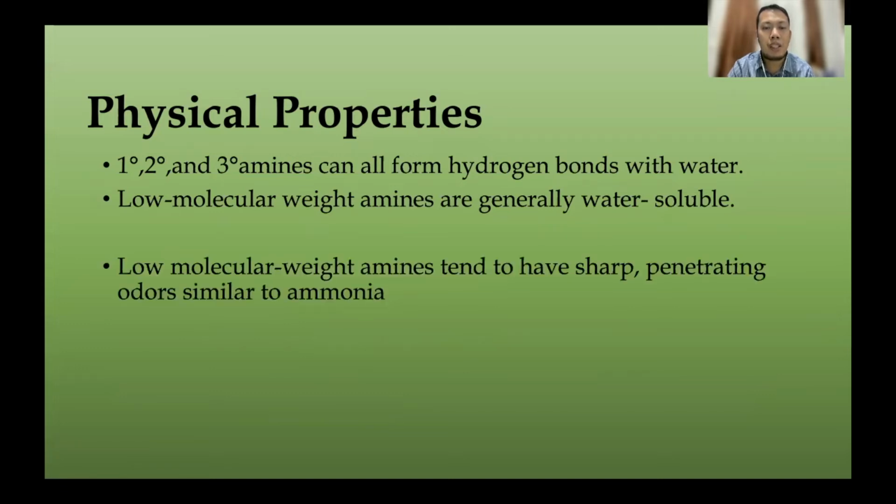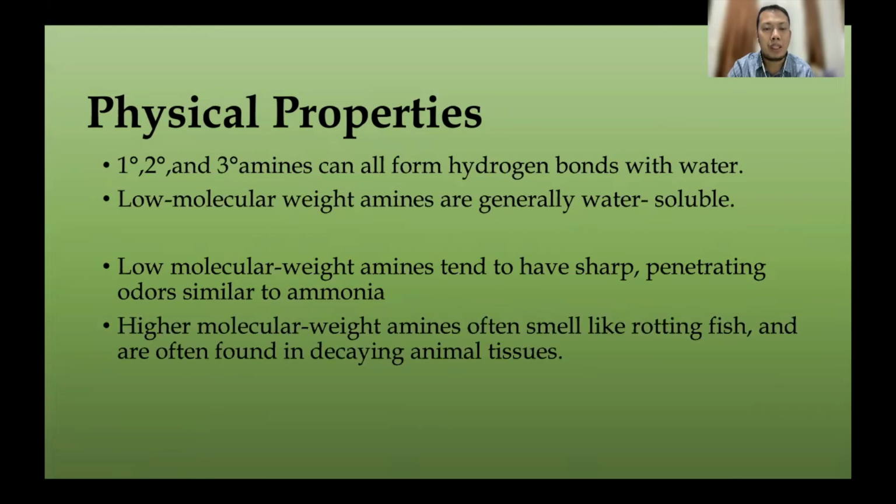Low molecular weight amines tend to have a sharp, penetrating odor similar to ammonia. So you can easily distinguish the amines because of their smell, especially those with low molecular weight, or those with a lower number of carbons. Higher molecular weight amines often smell like rotting fish and are often found in decaying animal tissues.